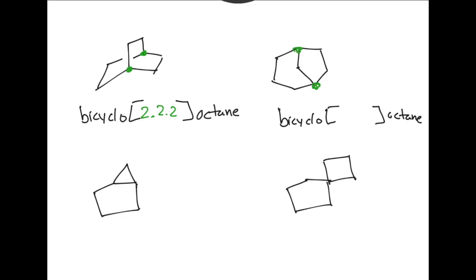Seems like 3, 2, 1 to me. 1, 2, 3. 1, 2. 1. So 3, 2, 1. I was asked if it matters what order you put the numbers in the bracket. The order of the numbers does matter. You need to go from the largest number to the smallest number. So it should be like 3, 2, 1, or 2, 1, 0. You should always be working your way down from the largest to the smallest.